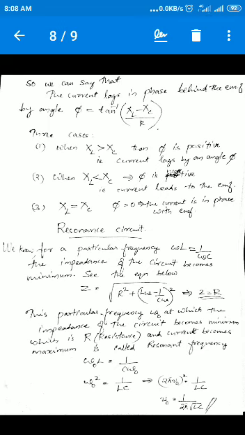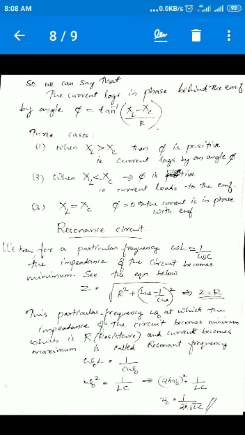So how it happens, we can explain like this. See here, for a particular frequency, omega, the angular frequency, which is 2 pi nu, when it is having a particular value, then L omega will become equal to 1 by C omega.